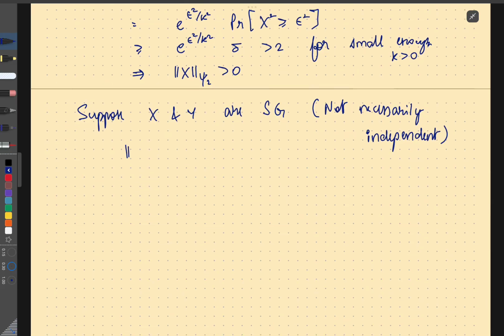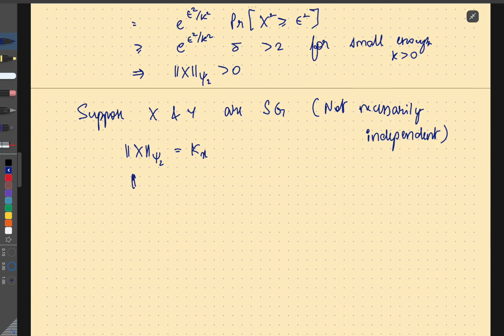And let's use some notation. Suppose that the Subgaussian norm of x is kx and the Subgaussian norm of y is ky. Both of them are finite and positive.